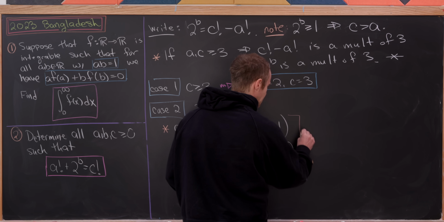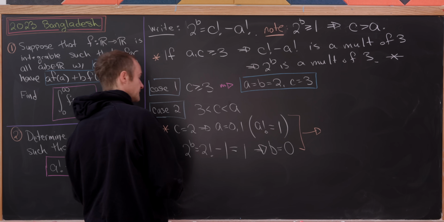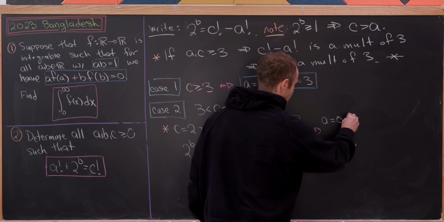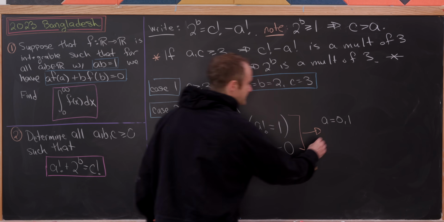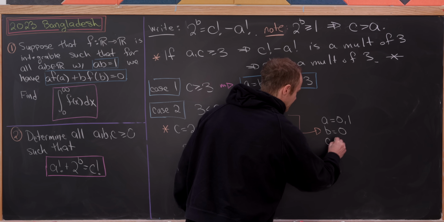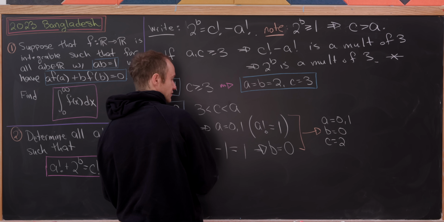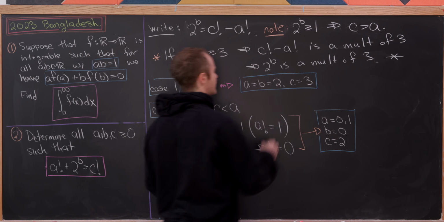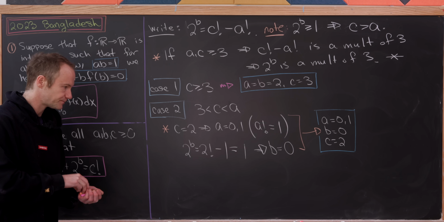Oh, but that gives us a solution. So we've got this solution where A is equal to 0 or 1, B is equal to 0, and C is equal to 2. Okay, so we've got another solution to go with the one that we've already found.